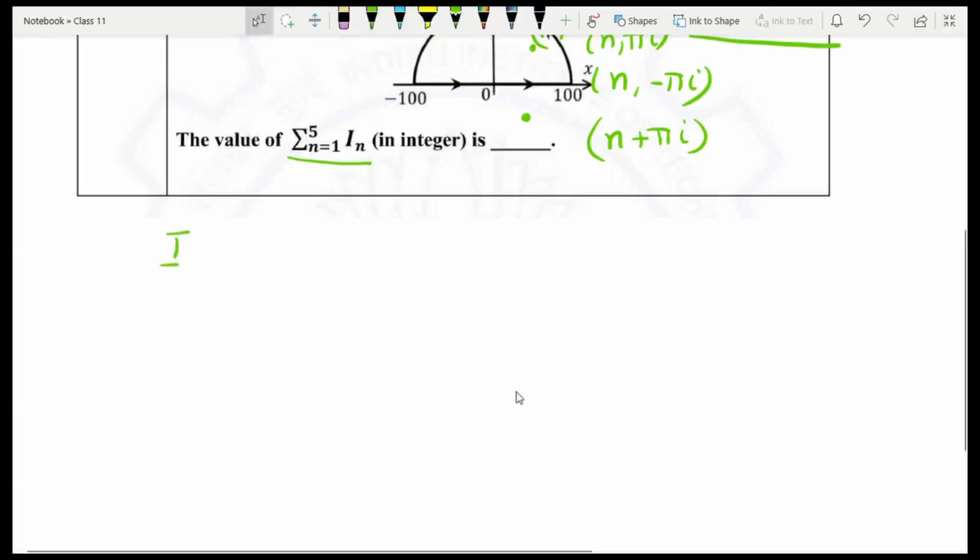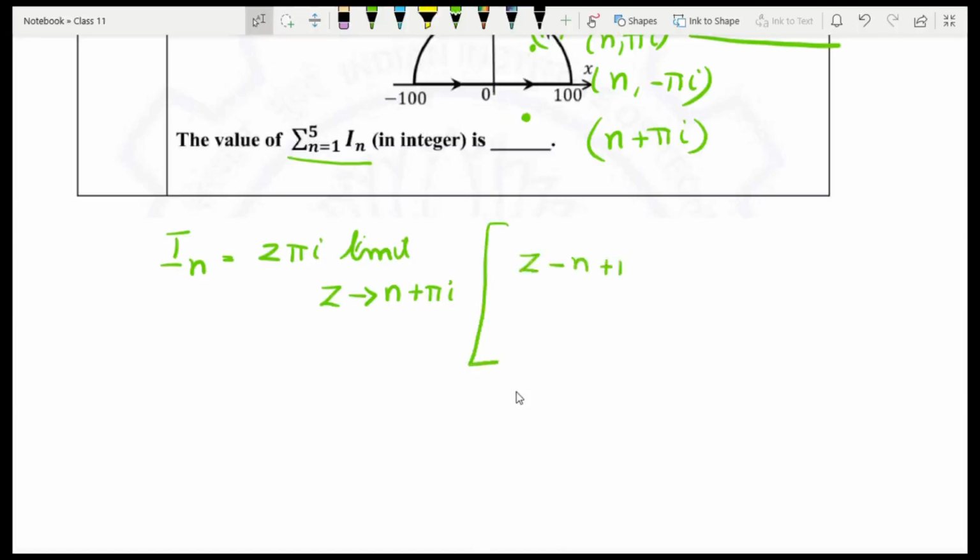So I of n is equal to 2 pi i times the limit as z goes to n plus pi i of (z minus n plus pi i) into 1 divided by (z minus n plus pi i) into (z minus n minus pi i).